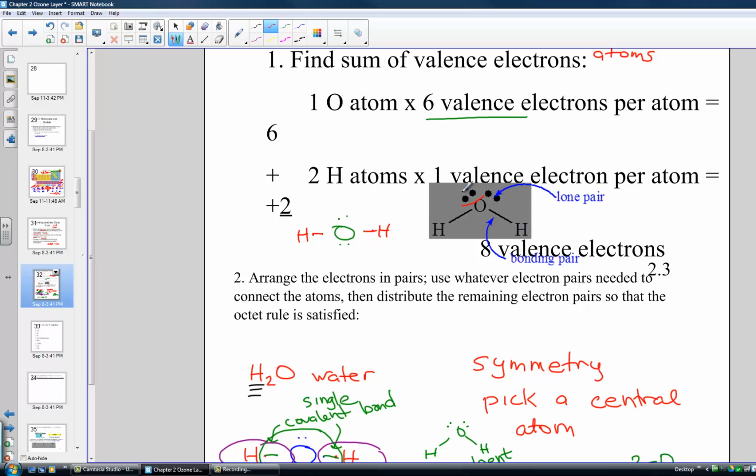The vocabulary word for the non-bonded pairs of electrons, which I have top and bottom, is lone pairs. They are not involved in a bond. And if you see a solid line, those are known as bonded pairs of electrons. Here's an electron, here's an electron, 1 shared pair in a bond known as a covalent bond.